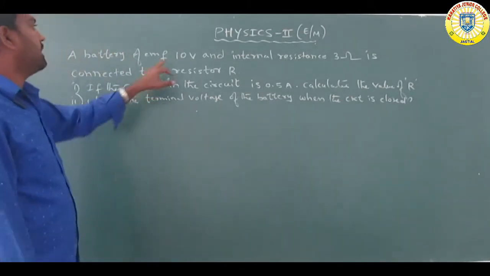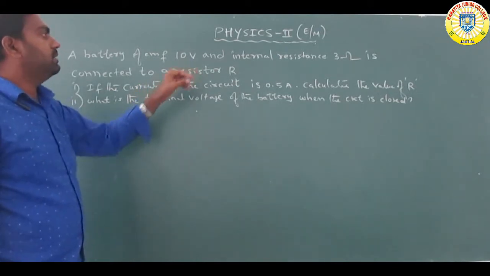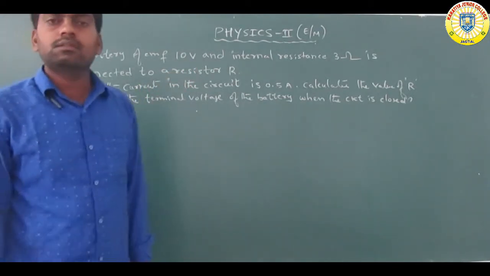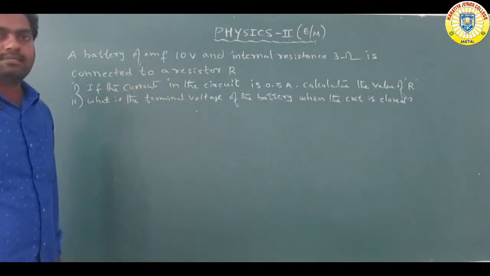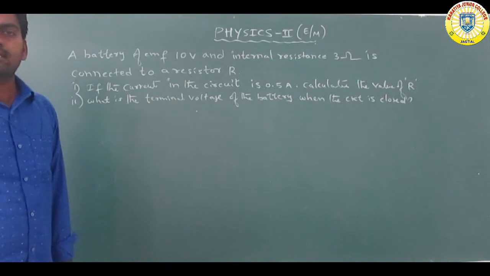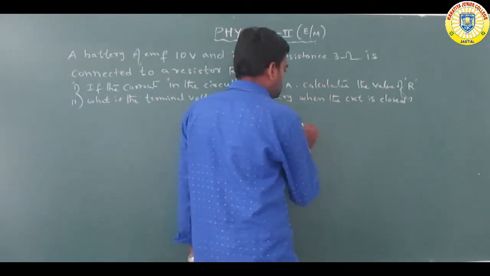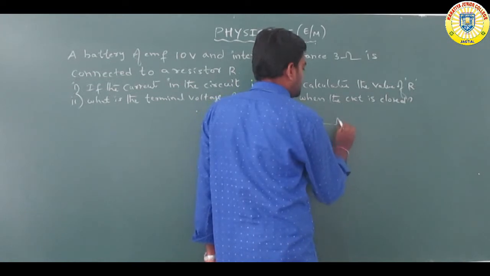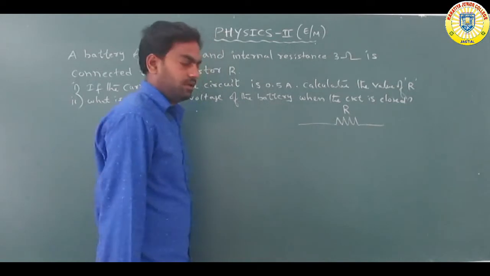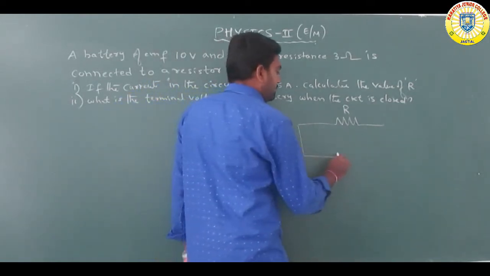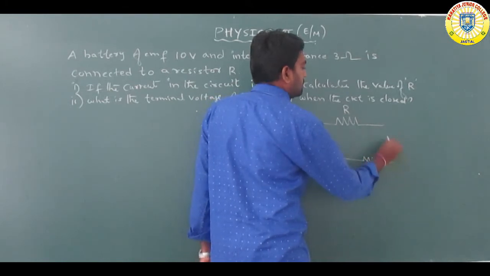So that is 10 volts. The battery of 10 volts and internal resistance 3 ohms is connected to a resistor R. This is called the external resistor, capital R, and the battery has internal resistor small r.